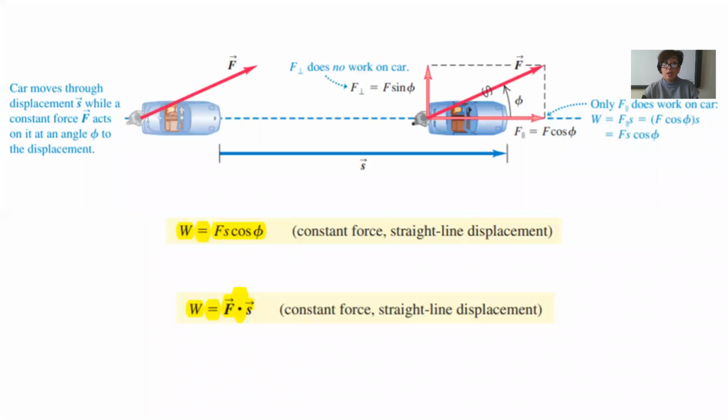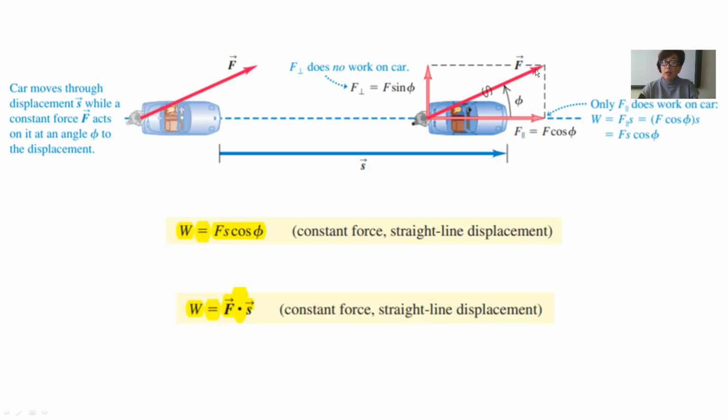Next, a car moves through a displacement while a constant force acts at an angle to the displacement. Here this is the direction of the force acting on the body.